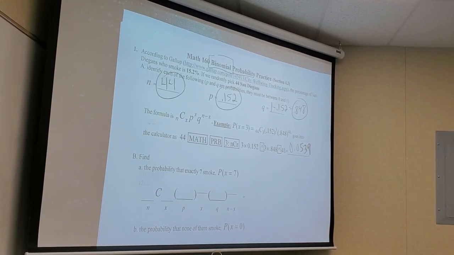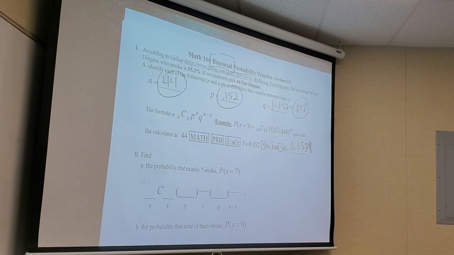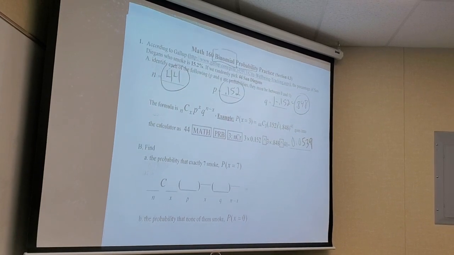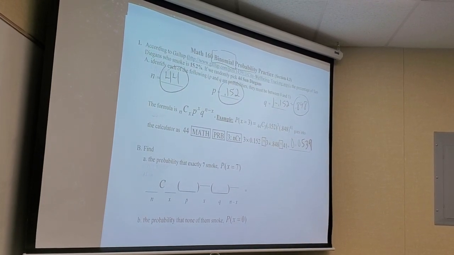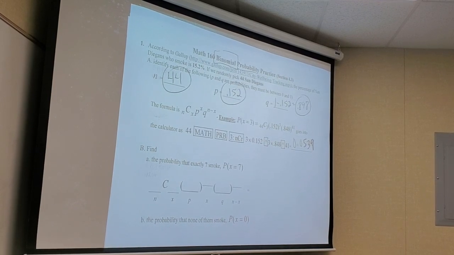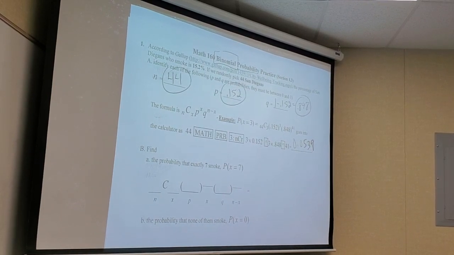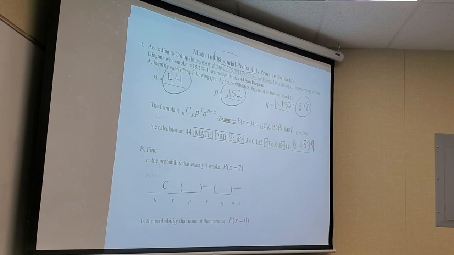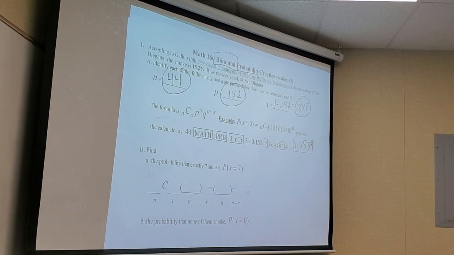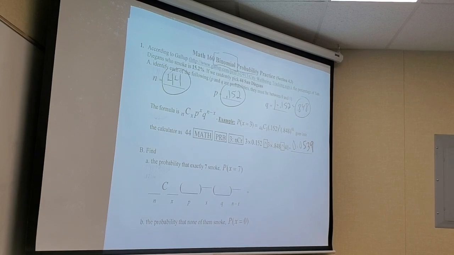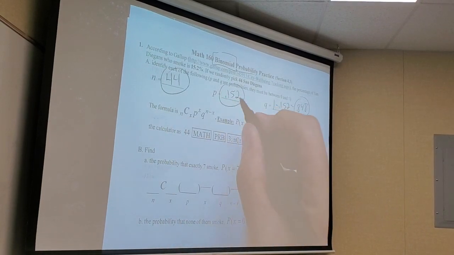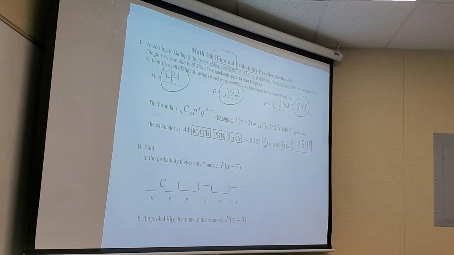That's all it means. And I call those NPQ problems. That's a quick way for me to reference it. They should be remarkably easy to identify. If I give you a percentage, and then we have a certain number of people, and I want to know, let's say, the probability of getting 7 of them, that's an NPQ problem. That's a binomial probability problem. Let me figure out what N, P, and Q are, so then I can throw that stuff in the formula.